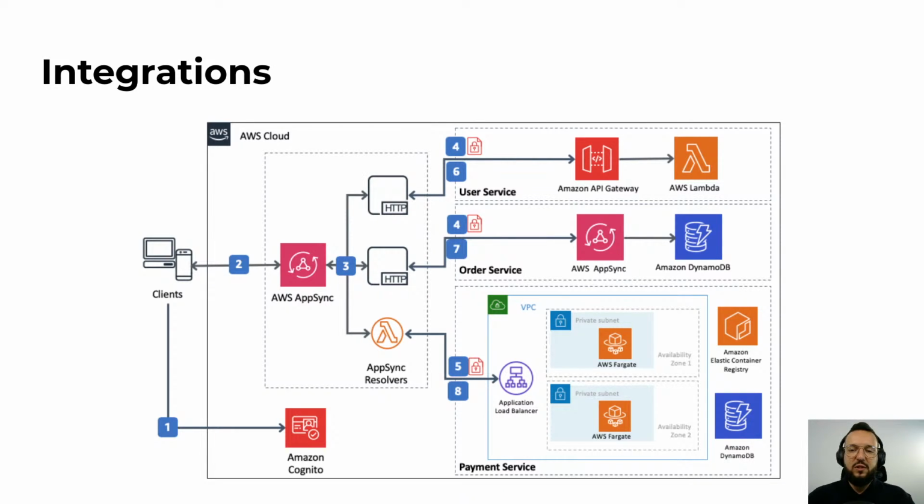All those resolvers can fetch data from any kind of applications, even those that are hidden inside the VPC or over different API gateways. You can also integrate AWS AppSync via HTTP webhooks with another AWS AppSync that connects directly to Amazon DynamoDB, as you can see on the slide.